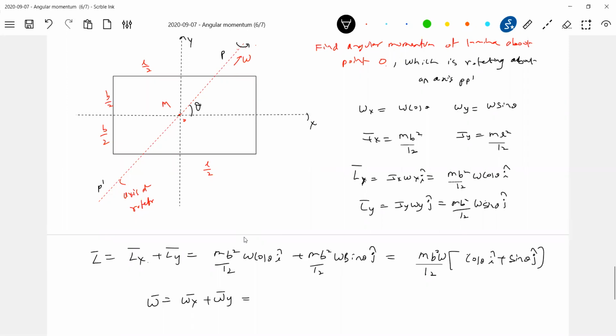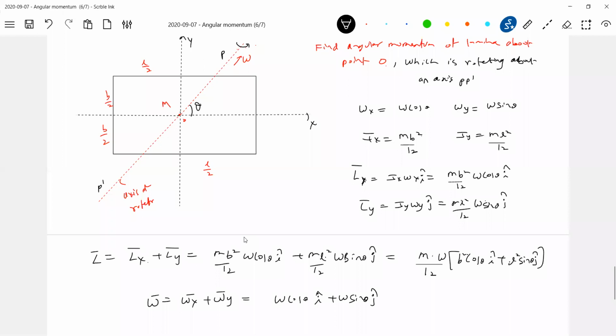What is Iy? Iy is l square, I'll make the correction, l square it is here, not b square. Is it along omega bar? How do you define omega bar? Omega cos theta i cap.